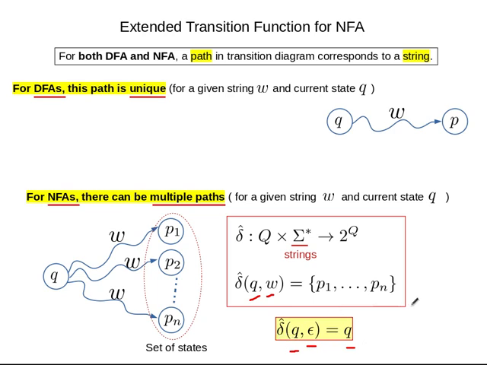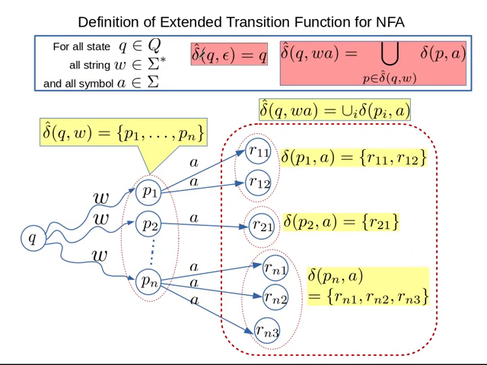Now once we have this, how can we fully define it? You remember in case of DFA, it was a recursive definition. We defined it for epsilon, and then we defined it for QW in terms of something like this, but here the condition will be slightly more complex. Why? Because delta hat of Q and W is supposed to be the set of states which you can reach if you start from Q and process W, so that will be a set of states, right?